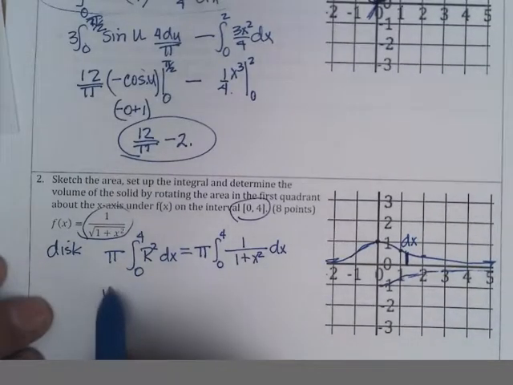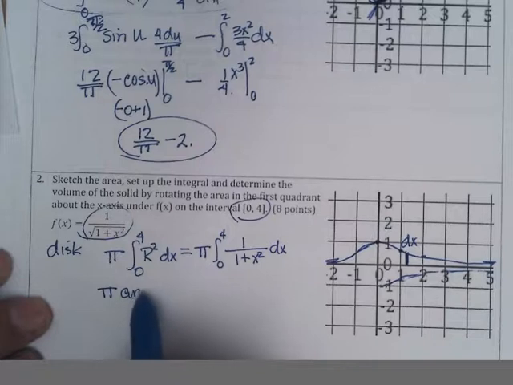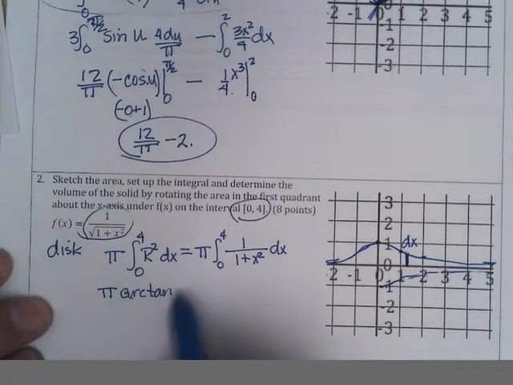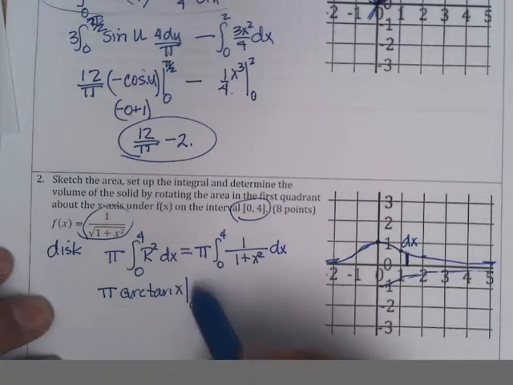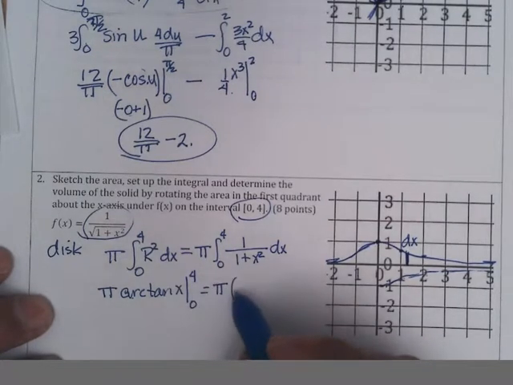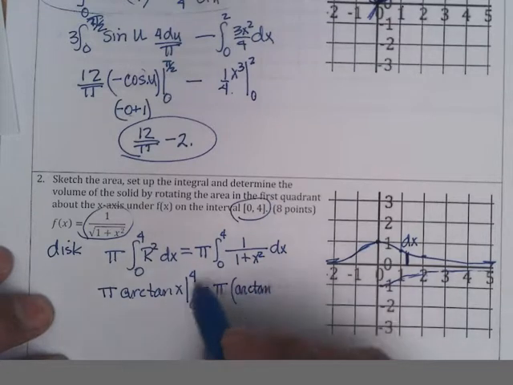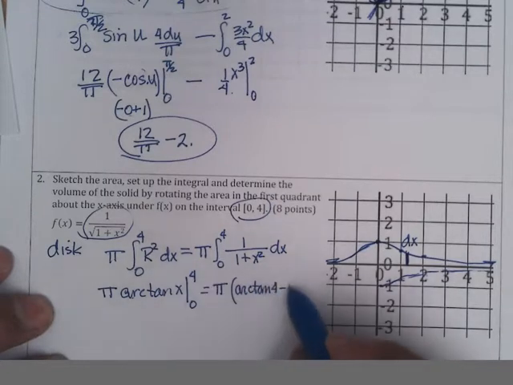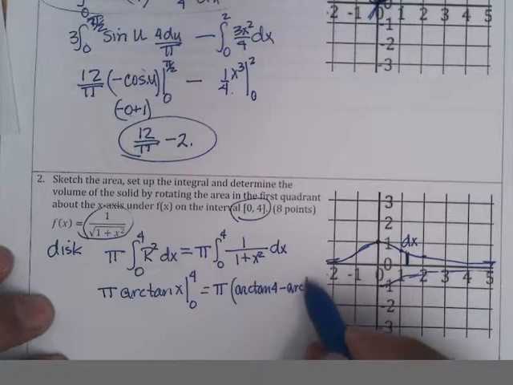So we get pi arc tangent of x evaluated from 0 to 4, which is pi times arc tangent of 4 minus arc tangent of 0.